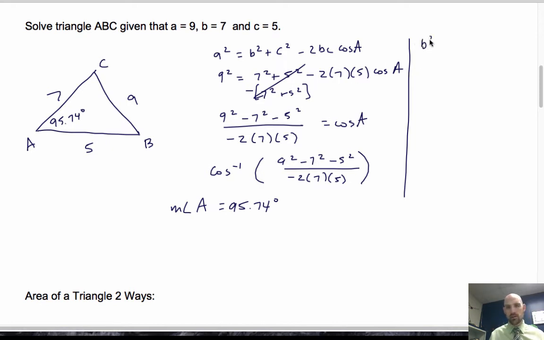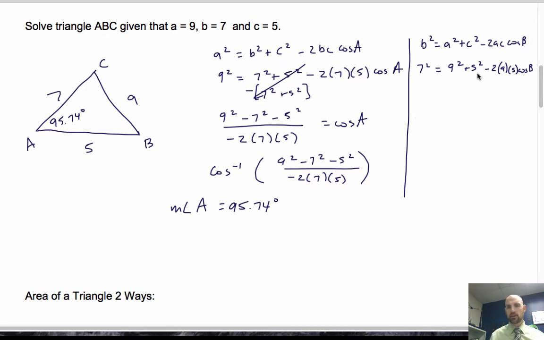So I'm going to start this way. B squared equals A squared plus C squared minus 2AC cosine of B. So 7 squared equals 9 squared plus 5 squared minus 2 times 9 times 5 times the cosine of B. I'm trying to make it look good.